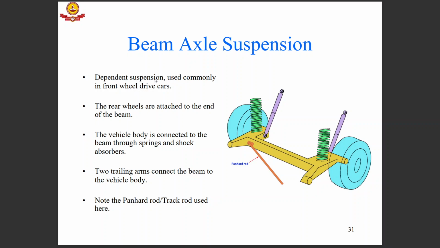This is a dependent suspension used commonly in front wheel driven cars. The rear wheels are attached to the end of the beam. The vehicle is connected to the beam through springs and shock absorbers, and two trailing arms connect the beam to the vehicle. And for extra stiffness, there is sometimes a panhard rod.